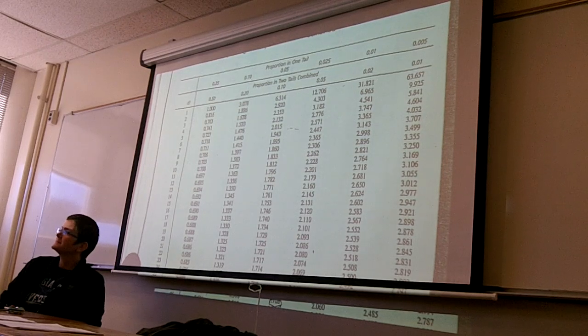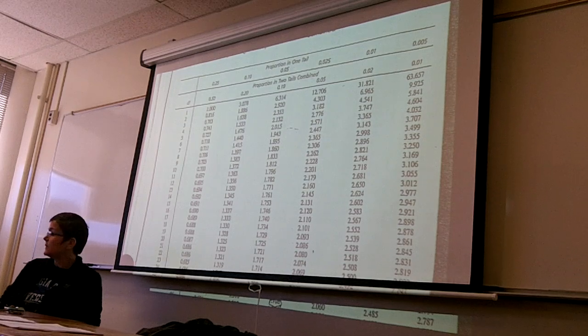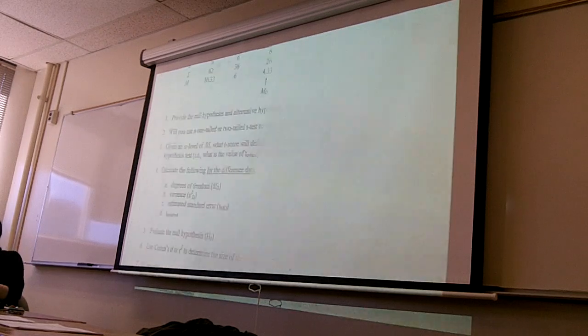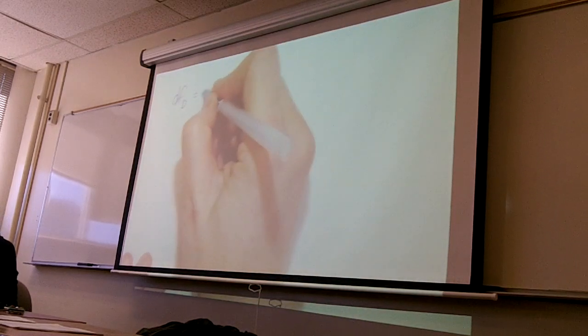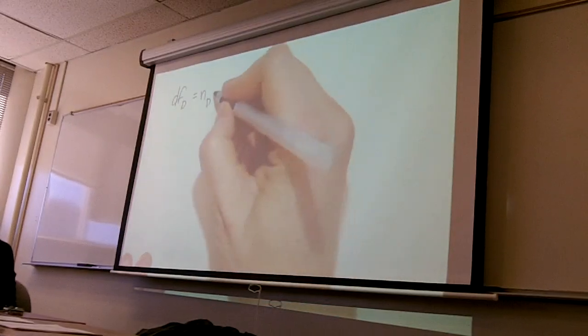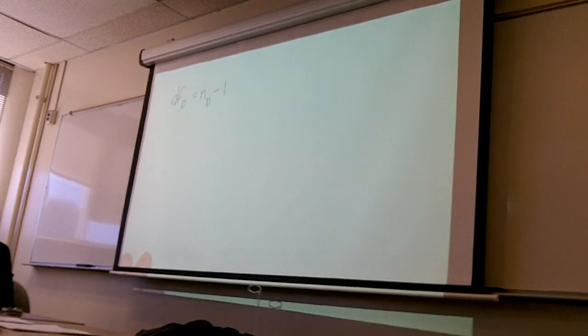N minus 1. Is it N minus 1? In fact, what it's going to be is, we're going to calculate degrees of freedom of the different scores, which is the sample size of the different scores minus 1.